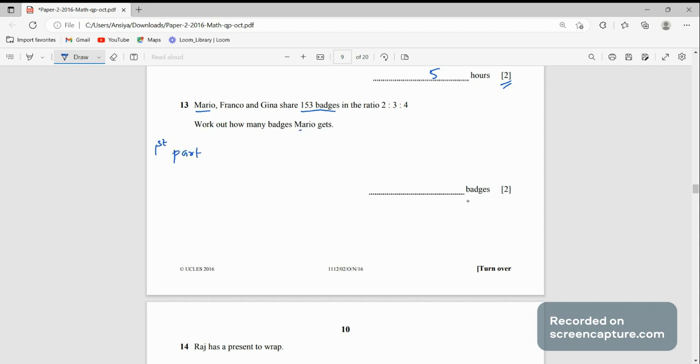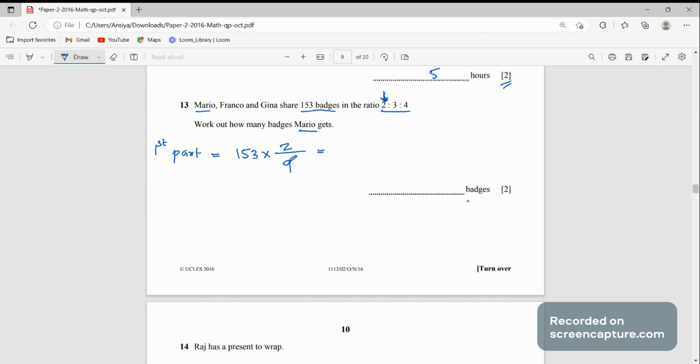But this question is asking us only to find about Mario, meaning the first part of the ratio. So the number is 153 times the ratio as a fraction. What's the total of this fraction? 2 plus 3 is 5, 5 plus 4 is 9. Then what is Mario's part? 2. So 2 out of 9 of the total 153.